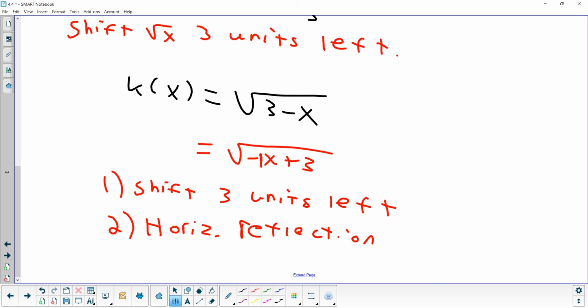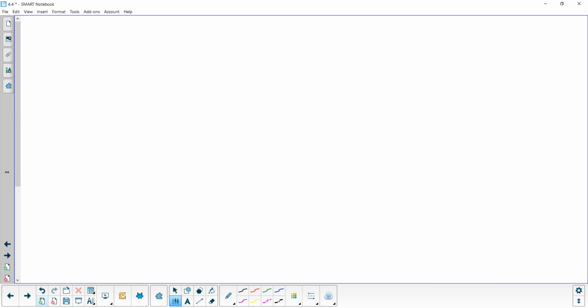Just describing transformations. How would a cube root affect the graph? If it was a cube root, then let's say you had this, I would have you be comparing it to this.